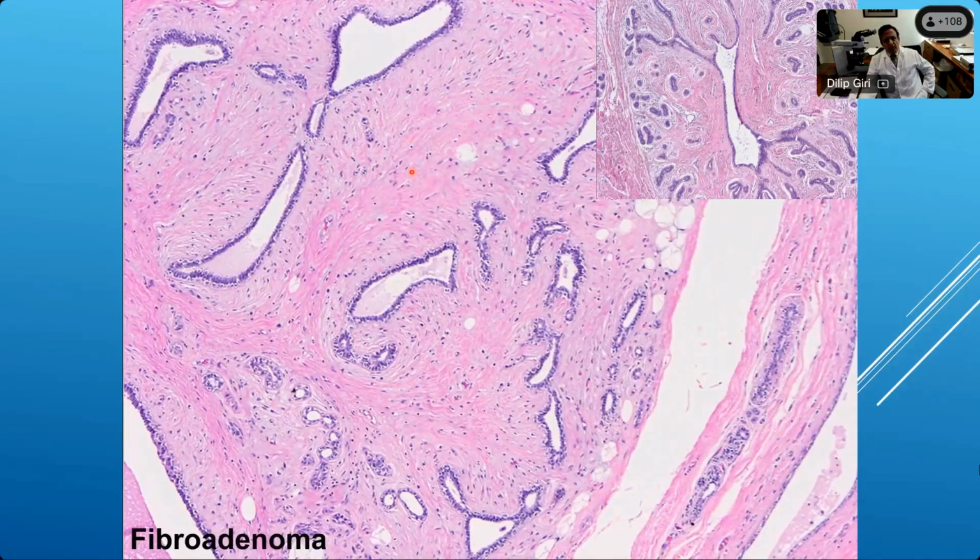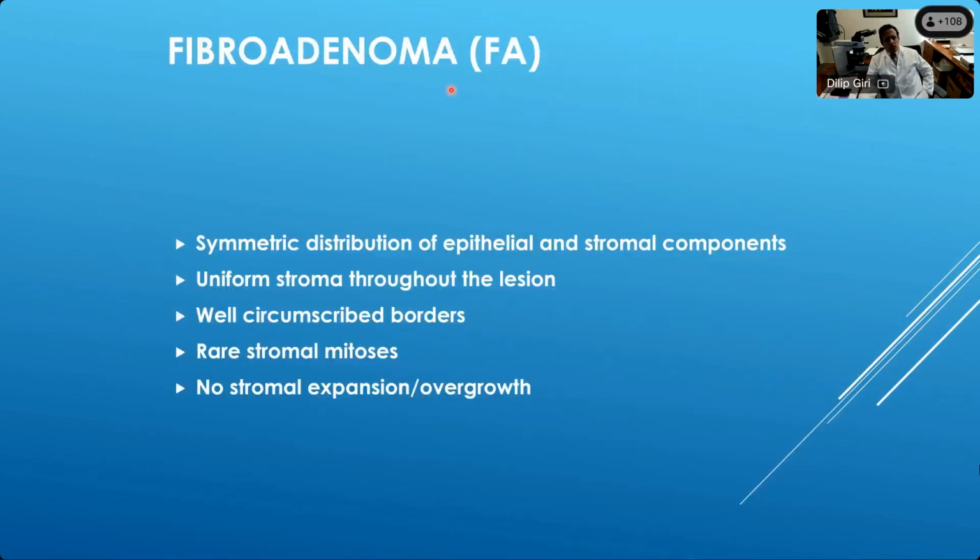This is ideally what you would want to see in a fibroadenoma, almost like a lobule, the texture similar to a lobule. So symmetric distribution, uniform stroma throughout, well circumscribed border, rare or absent stromal mitosis, and obviously no stromal expansion and overgrowth. So this would describe very nicely the morphology of a fibroadenoma.